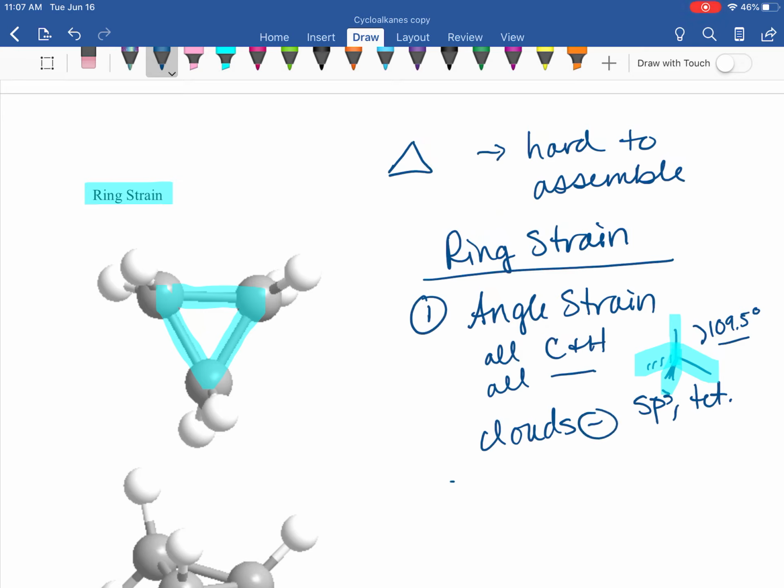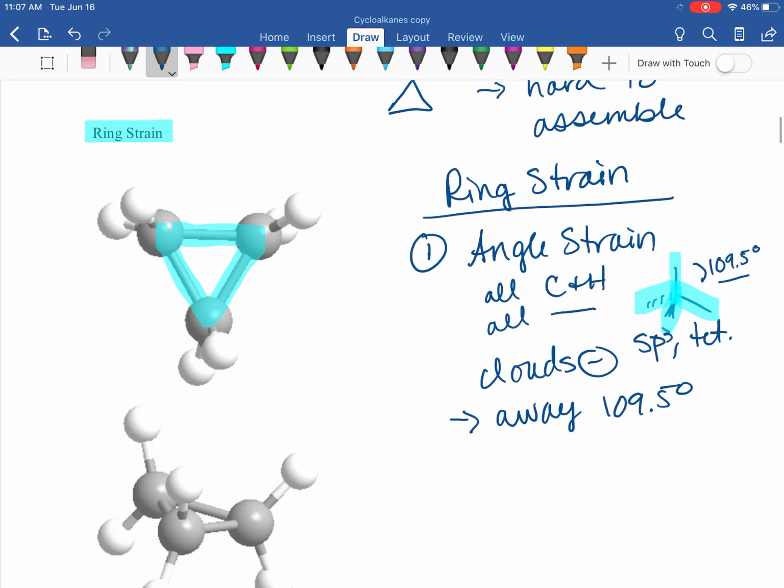So anytime you get away from that 109.5, that is going to take energy. That is our first strain. That is our angle strain. The farther you get away from 109.5, the higher the strain.